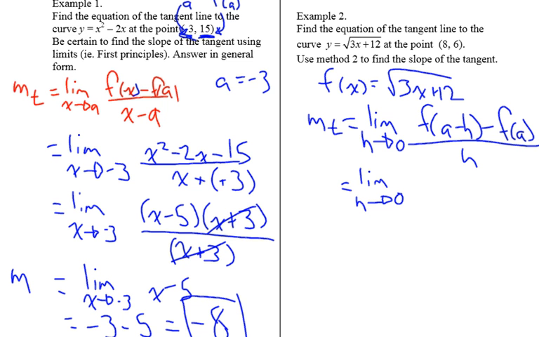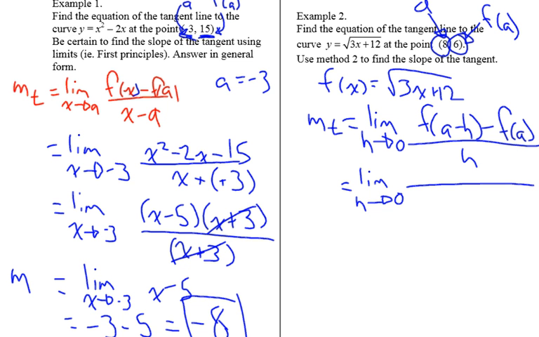What is our value for a? Yeah, 8. And what is our f of a? 6, right. So again, you can just take a look at the point we're given here. So 8 is our value for a, and 6 is our value for f of a. If you weren't given this, you could use our f of x to find a value for f of a. But we know that this will be 6.